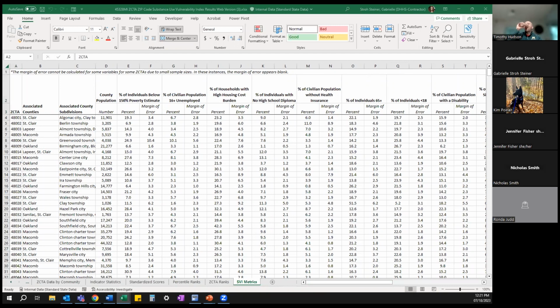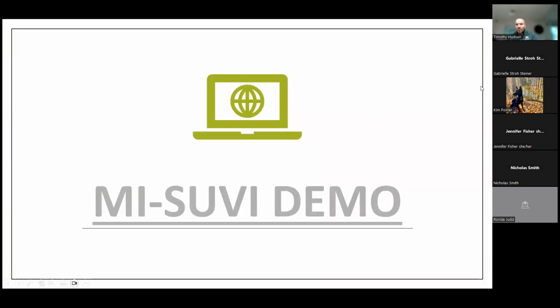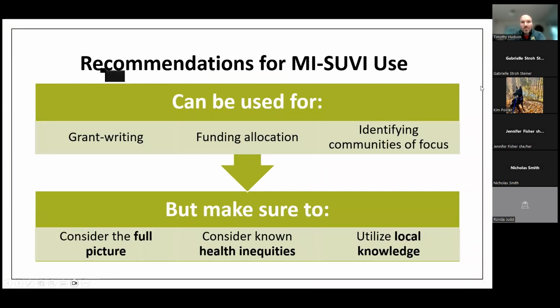All right, I'm going to pull back up my presentation and talk about some recommendations for how to think about the SUVI and how to use it, and then walk through some specific data examples that our team has pulled out of the SUVI data.